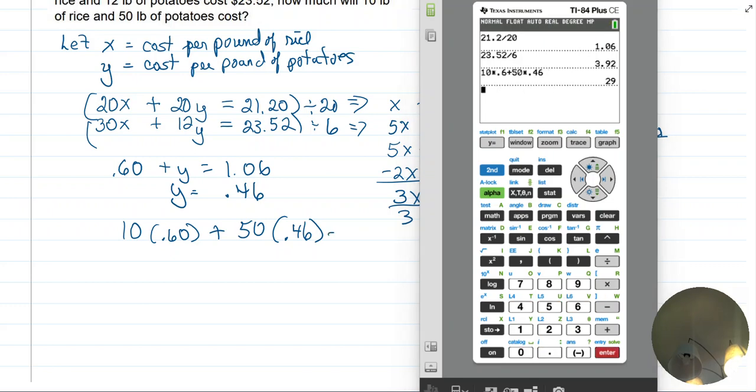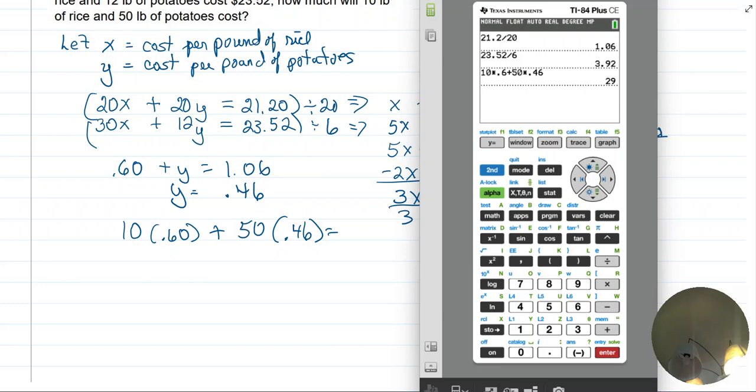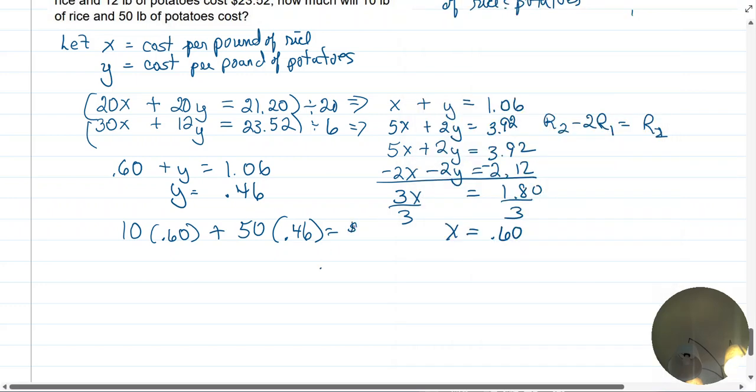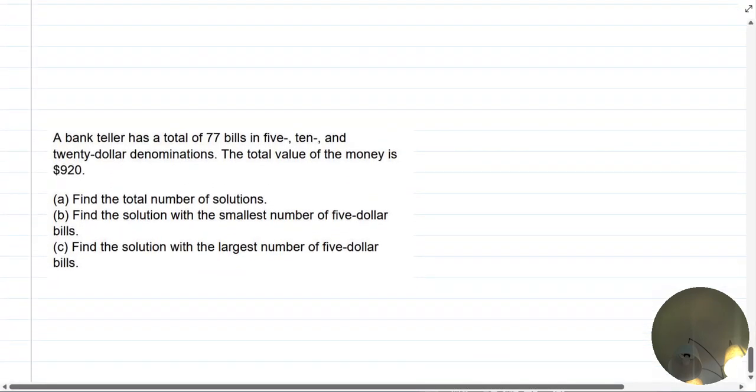And I get a total of $29. Nothing hard. Common sense on the echelon method.